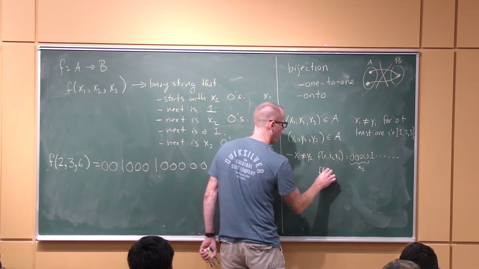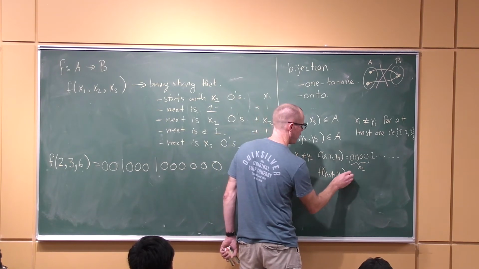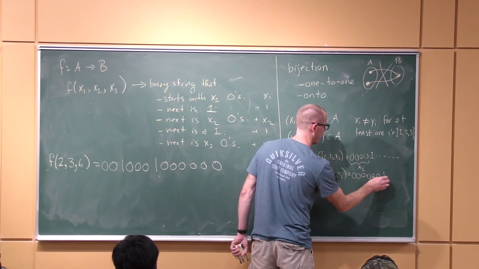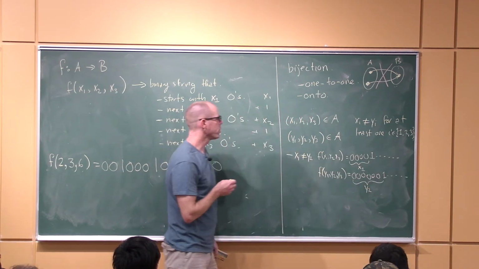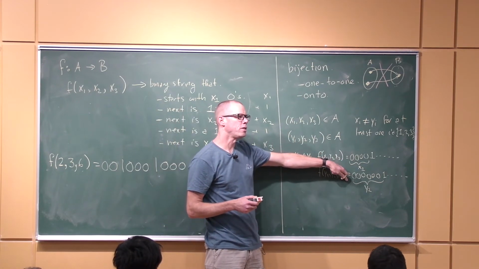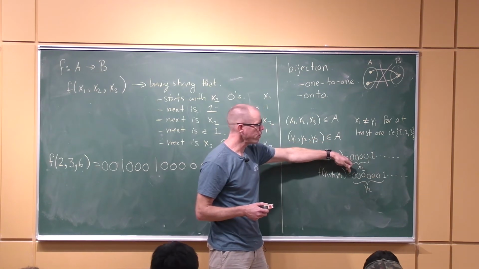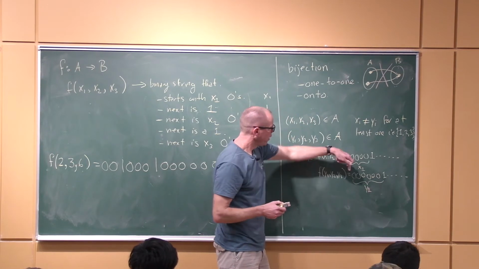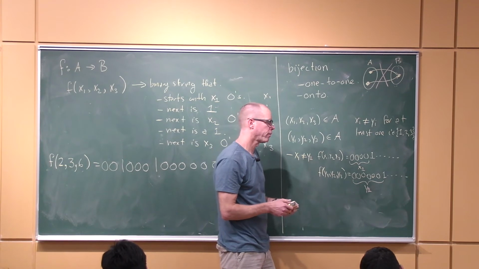And f of y1, y2, y3 looks like this, and then continues. So it's pretty clear that this string and this string are not the same, because this string starts with x1 zeros, this string starts with y1 zeros, and x1 is not equal to y1. So those 2 are different.